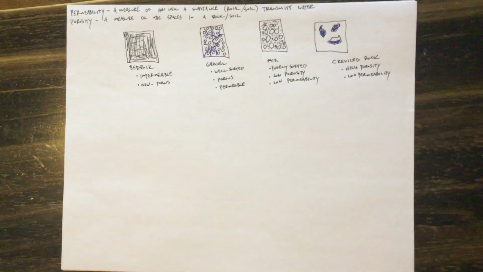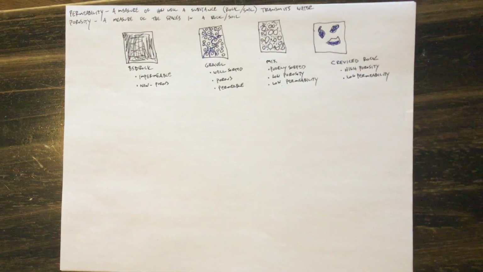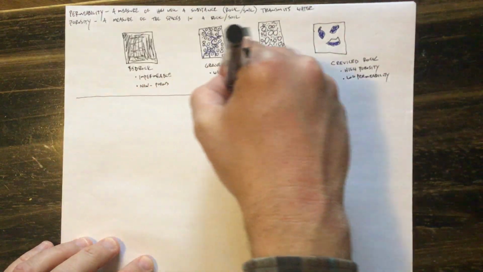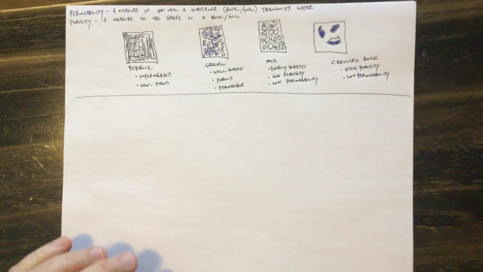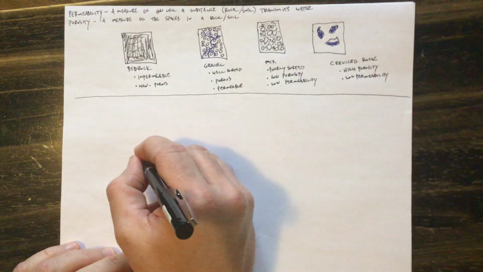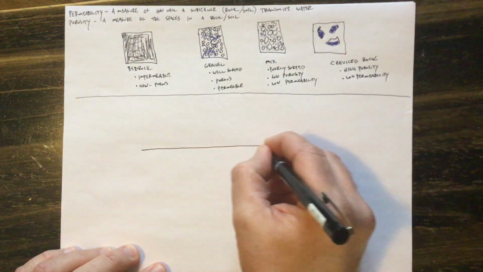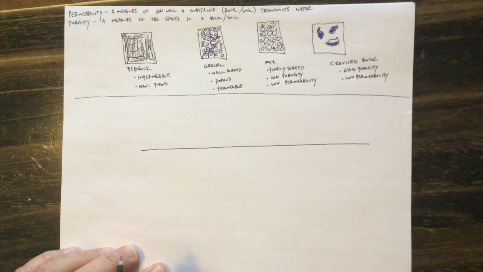The next thing I want you to draw, this is going to be kind of separate. The next thing we're going to draw is a little more complicated water table diagram that's going to include more stuff. So this represents the surface.